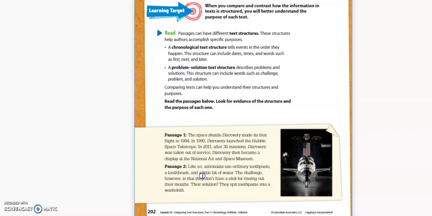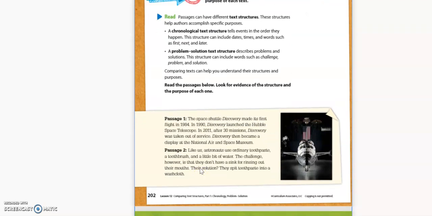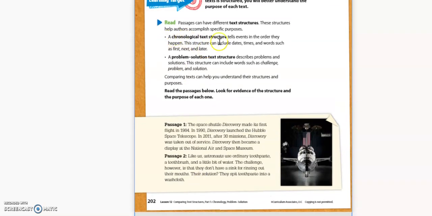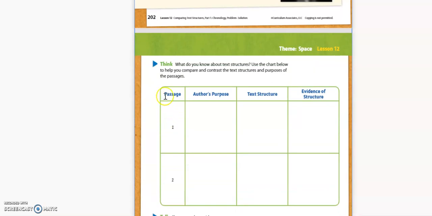Okay, now we're going to go a little bit further and look at some texts that are a little bit longer and try to determine if we see a chronological text structure or a problem solution text structure. And then we're going to complete a chart similar to this one. For passage 1 and 2, we're going to determine what is the author's purpose.